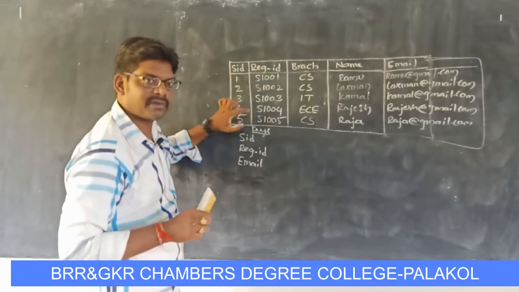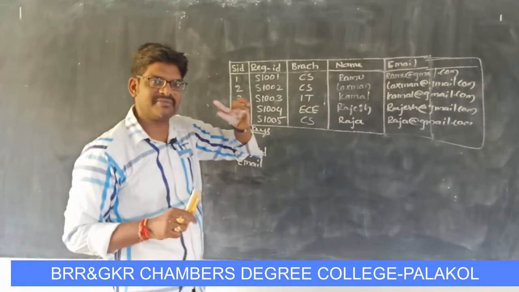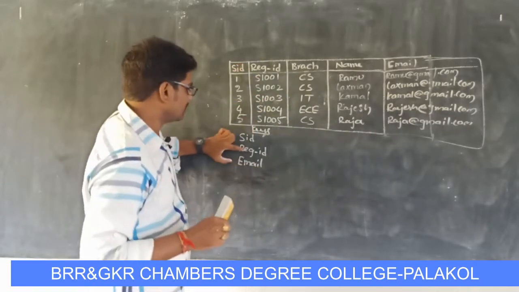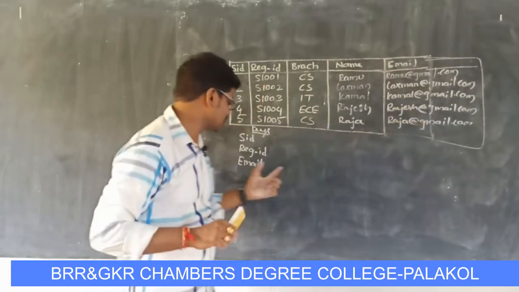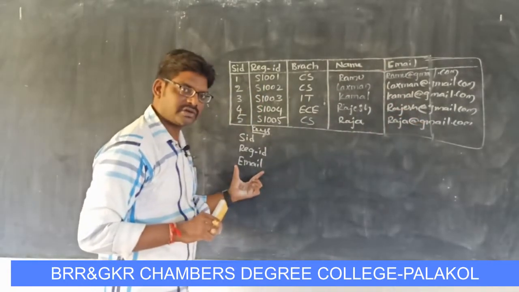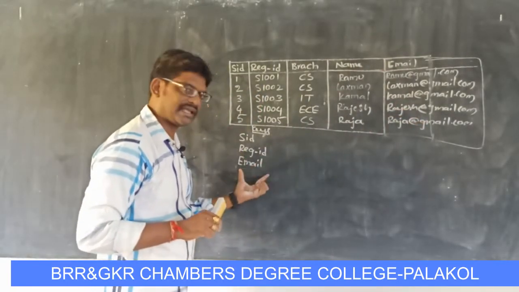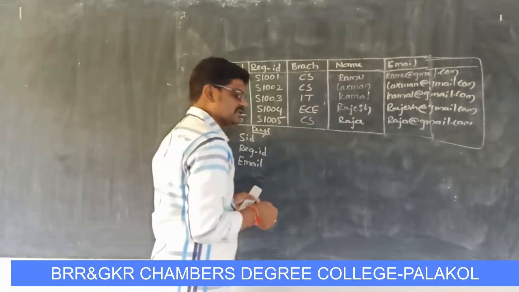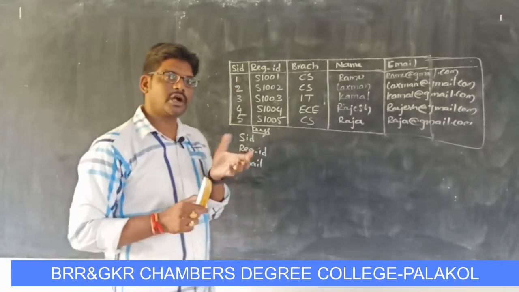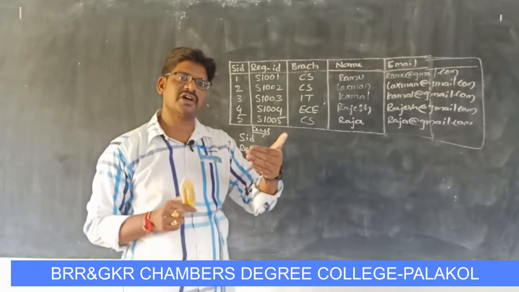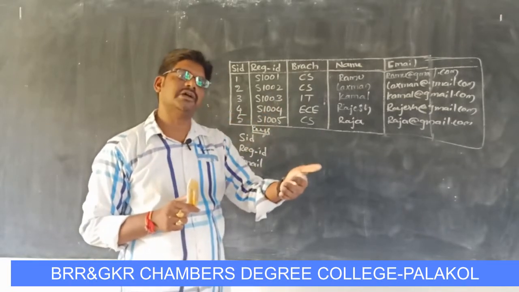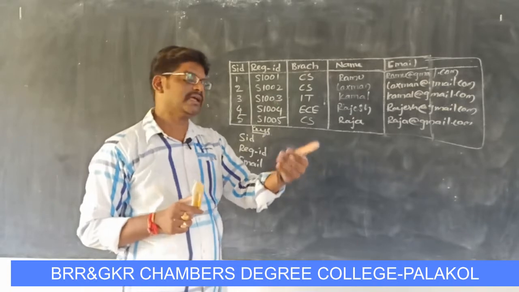No two students have the same registered number, so that is also a key. And all the emails of the persons are different, so we take that as a key too. All these are keys. So what is a super key? A combination of one attribute or a combination of more than one attribute we take as a super key.